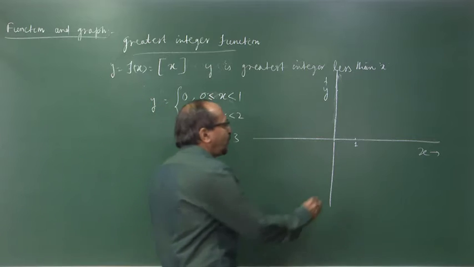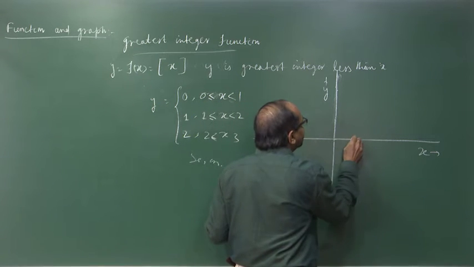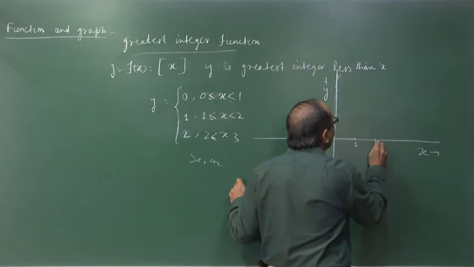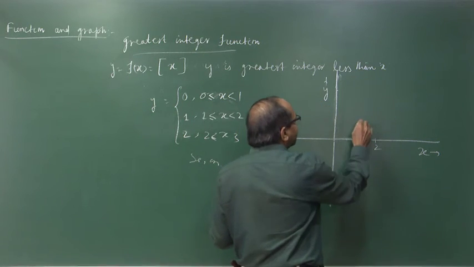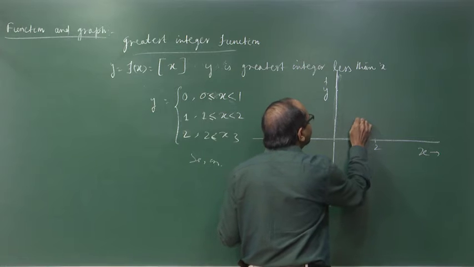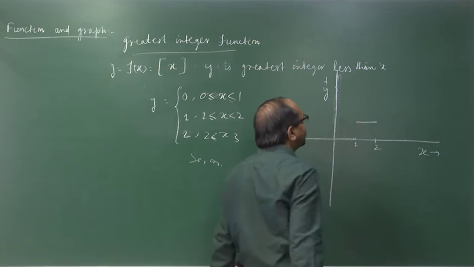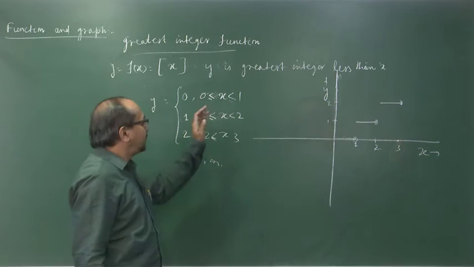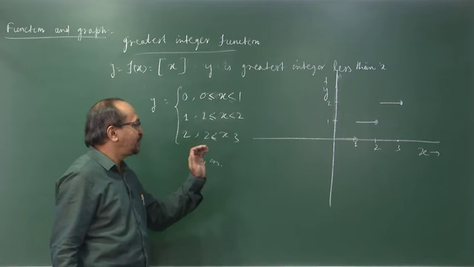So, the y points are all these. So, this is the graph. When x changes from 1 to 2, the y value is 1. Okay. So, this is our greatest integer function.